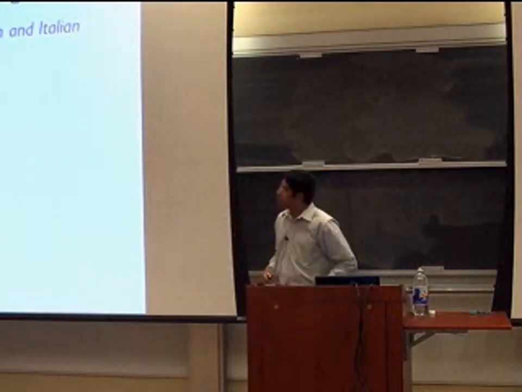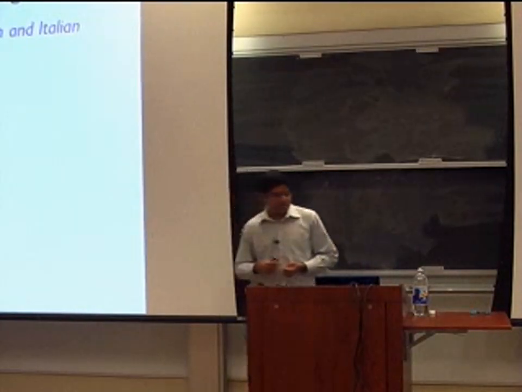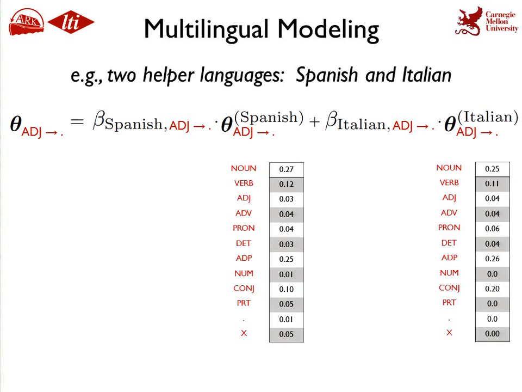So I'm coming to that. Theta adjective for a particular language, say, is the interpolation of beta Spanish comma adjective and the corresponding multinomial distribution in Spanish, plus the Italian counterpart. Let's say the theta adjective in Spanish and Italian look like these.